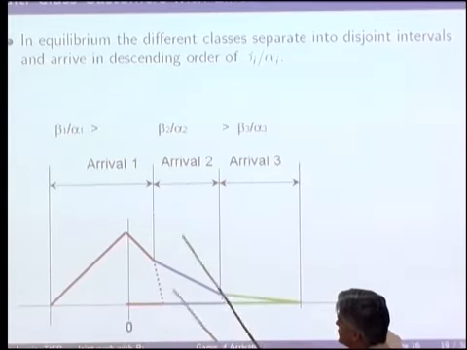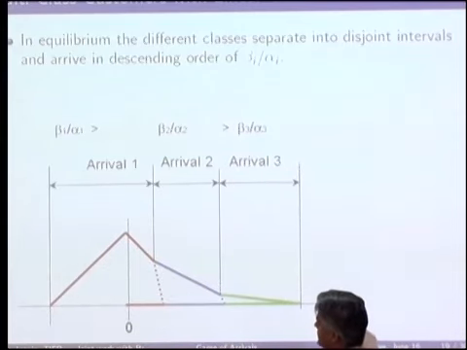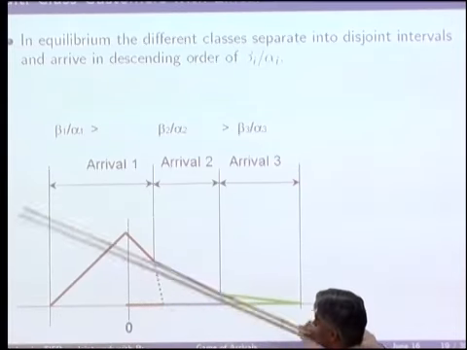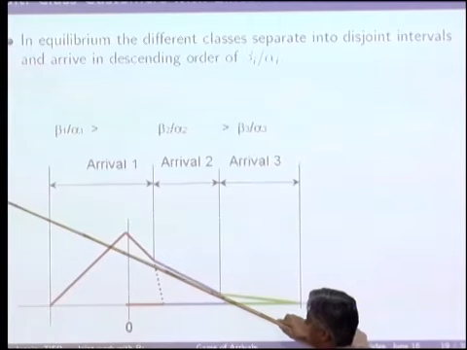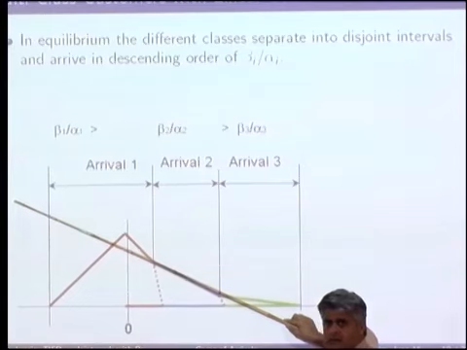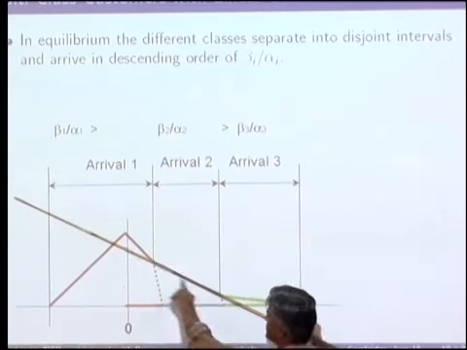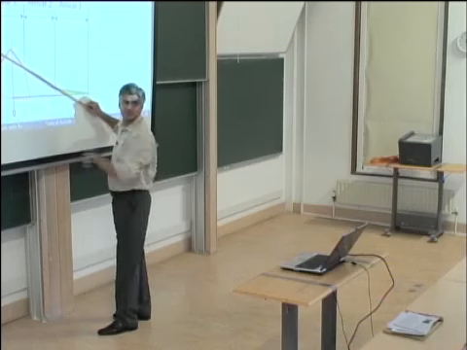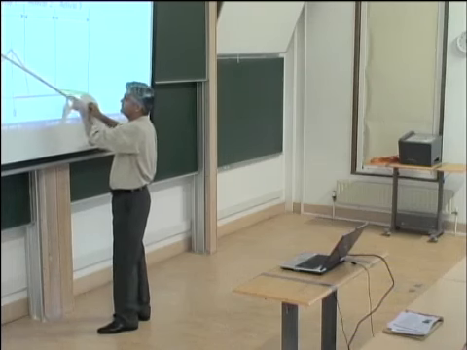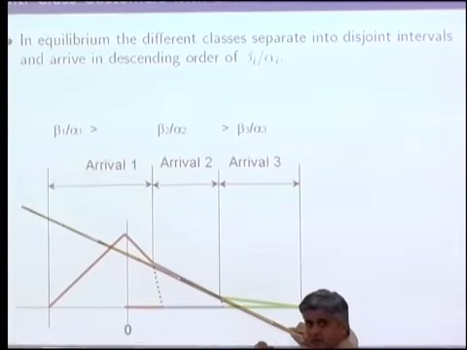Now if a person is of the blue class, he can come at this time or at this time, any of these points. His cost is going to be constant. But now extend this line. If he comes at this point, because the red is coming before it, the cost will be higher. This is the iso-cost line for the blue class customers. Its cost will be higher if it comes here, if the green is coming as follows.